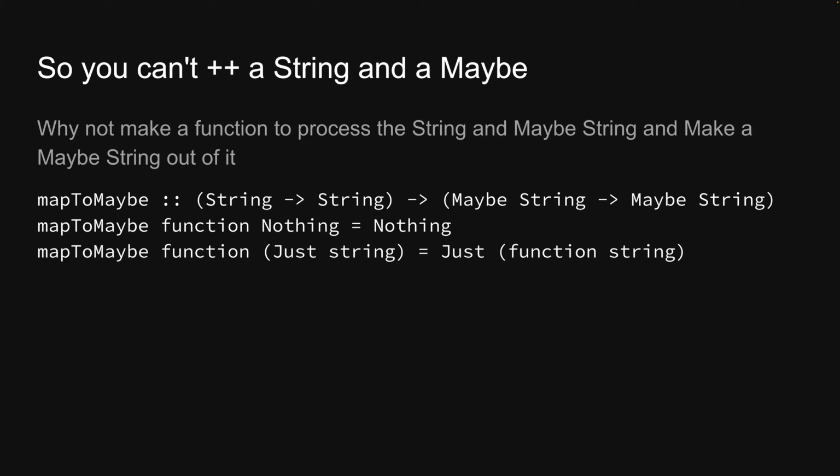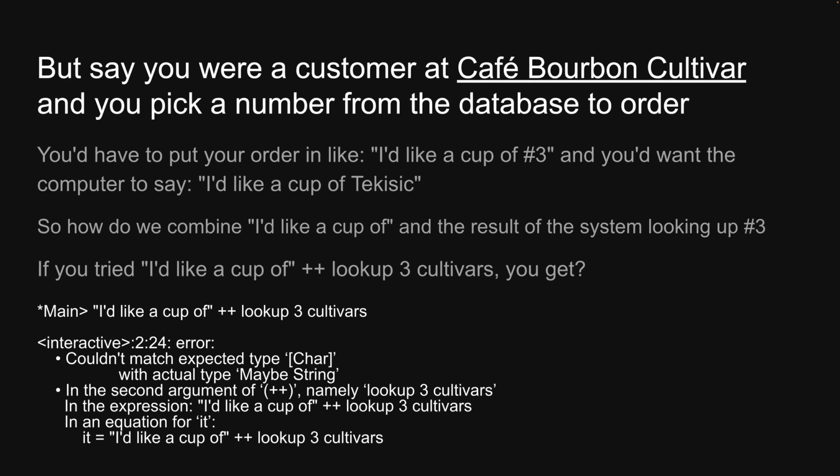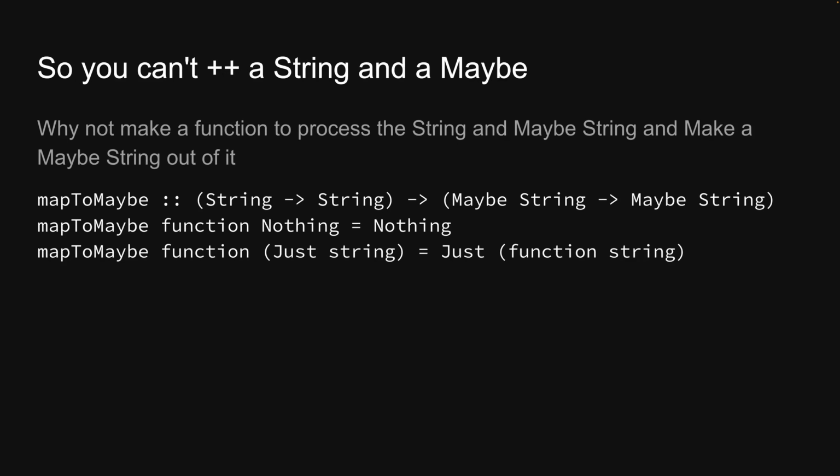and the function that we're applying a string to a string of is actually this function here, and we'll talk a little more about it, but it's the I'd like a cup of string plus plus, and we're applying that to something that has a first argument that's a maybe string.